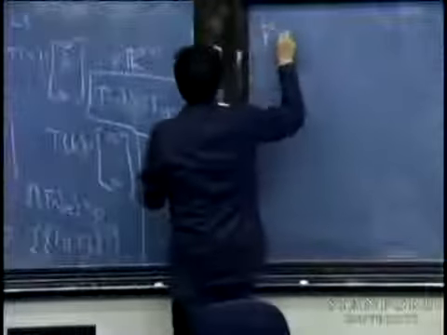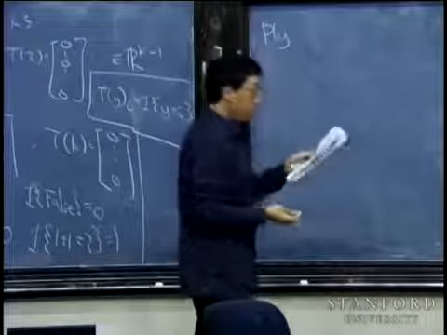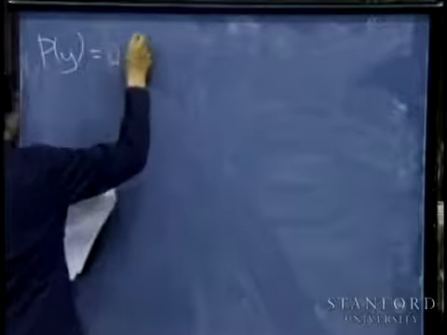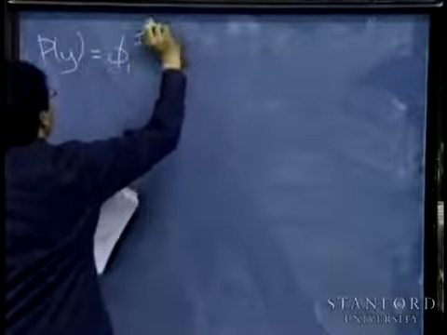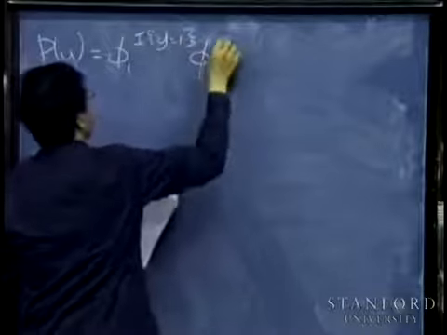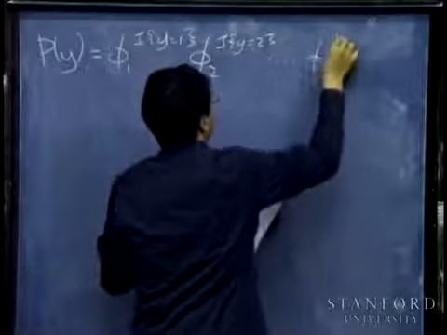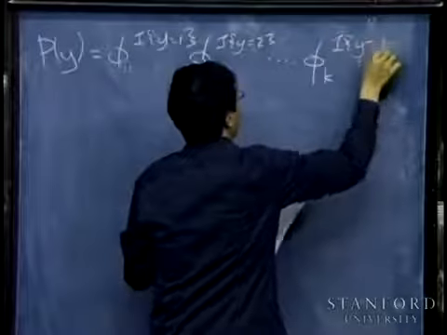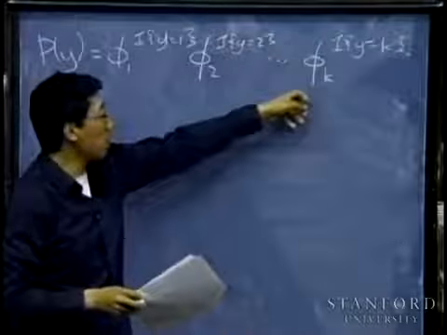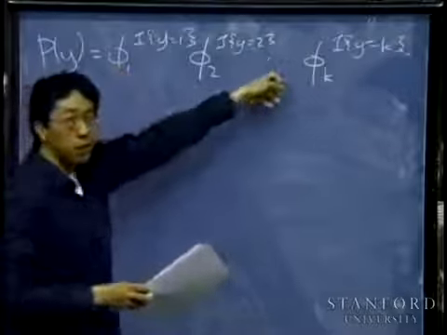So let's go ahead and write out the distribution for the multinomial in an exponential family form. P of y is equal to phi 1 to the indicator y equals 1, times phi 2 to the indicator y equals 2, up to phi k to the indicator y equals k. And again, phi k is not a parameter of the distribution. Phi k is a shorthand for 1 minus phi 1 minus phi 2 minus the rest.